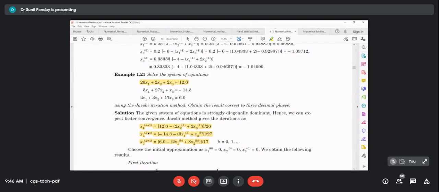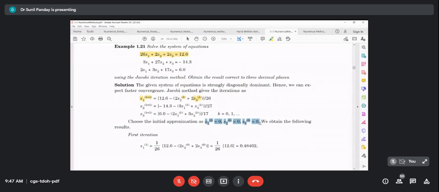Instead of x, y, z, we have variables x1, x2 and x3, and the upper index is the iteration index, like this k. Like x naught, y naught, you can say this k, and k plus 1 gives the updated values. Here small x1, x2 and x3 are the variables, and the index on the upper side gives the updated value.